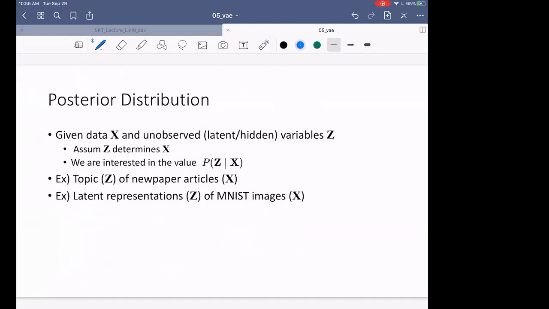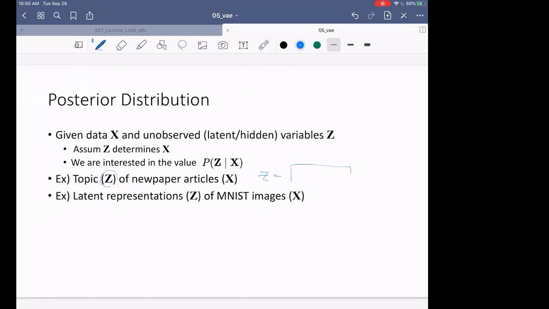So topic. If you are familiar with natural language processing, Z is usually called the topic. When you are dealing with document clustering or document classification, Z is usually called the topic of news. If you're given some newspaper articles or some documents, there's a Z, which is a distribution of topics.